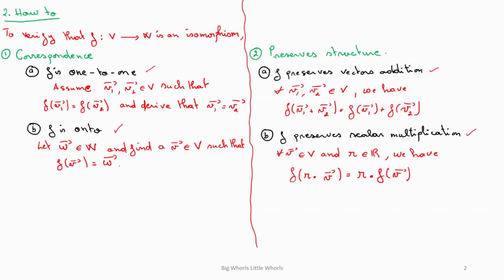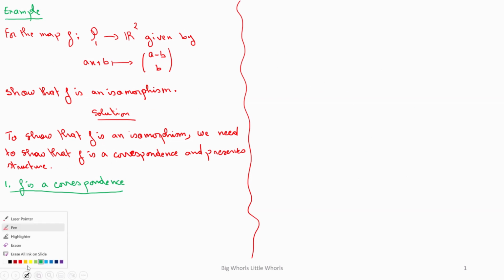To prove that f is 1 to 1, we assume two vectors from the domain space, equate their images, and then derive that those two elements are the same. Let me keep the colors the same so that people can follow the logic. So we need to prove that f is 1 to 1.